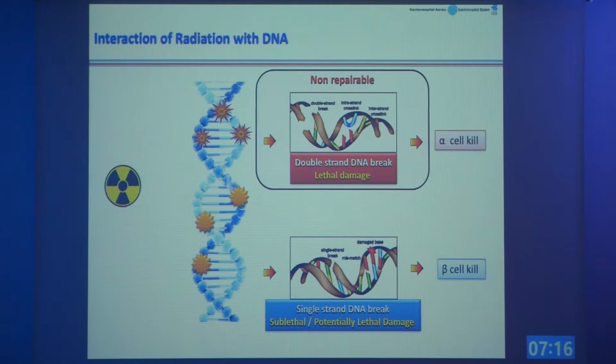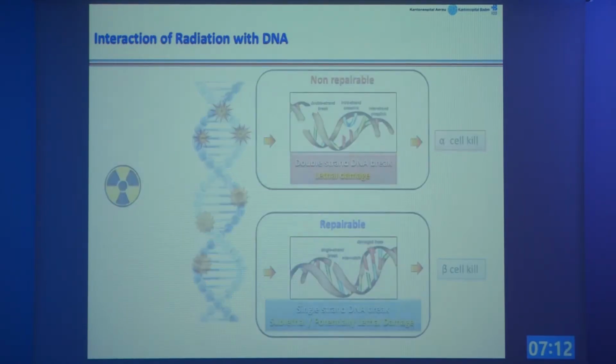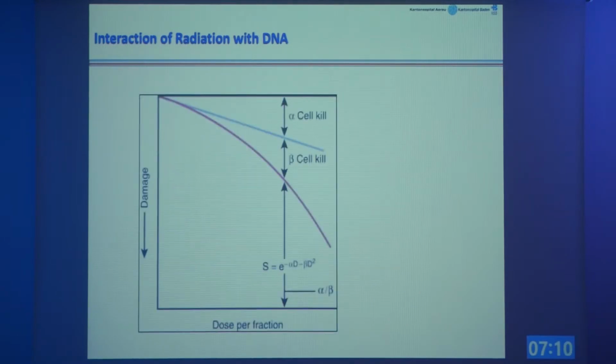So one is non-repairable, and the second, as we just heard, is repairable. So in a linear quadratic function model, the alpha beta value is taken where the alpha cell kill and the beta cell kill are supposed to be equal.